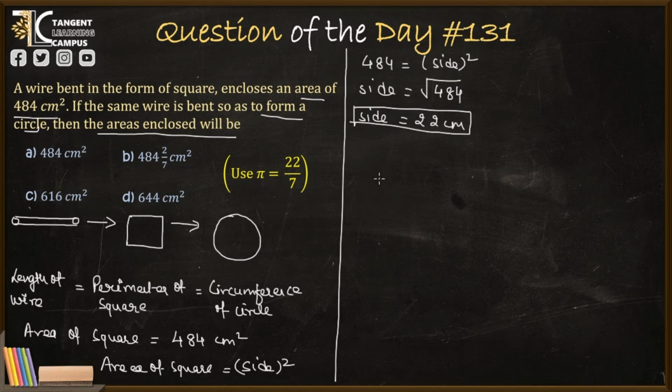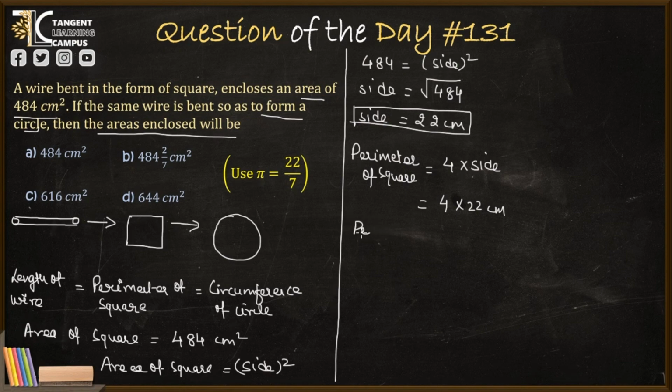So now we can find out the perimeter of square by using this side. Perimeter of square is equals to 4 into side. So now we can put the value of side here. This is equals to 4 into 22 centimeter.